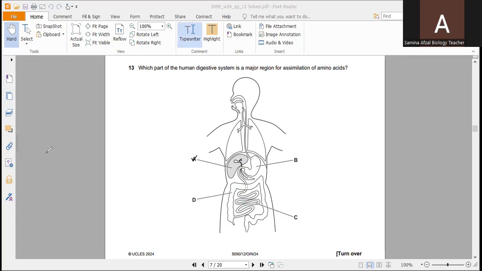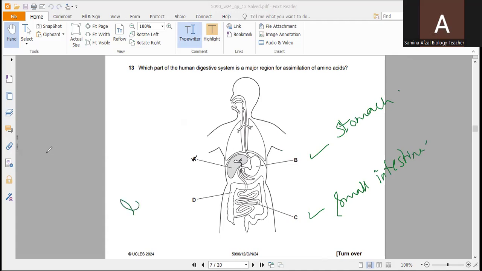Lipids. Which part of the human digestive system is a major region for assimilation of amino acids? B is the stomach, where proteins are digested. And C is the small intestine, where digestion is completed and then absorption takes place.